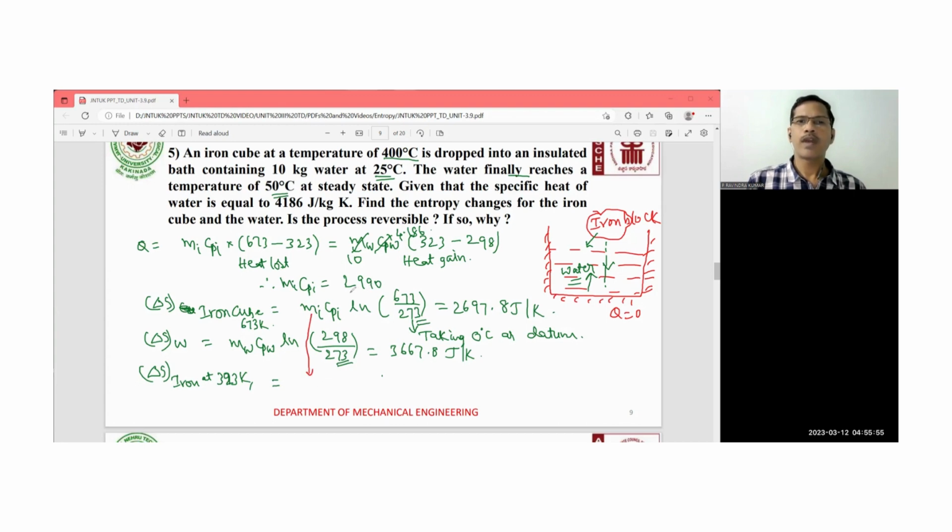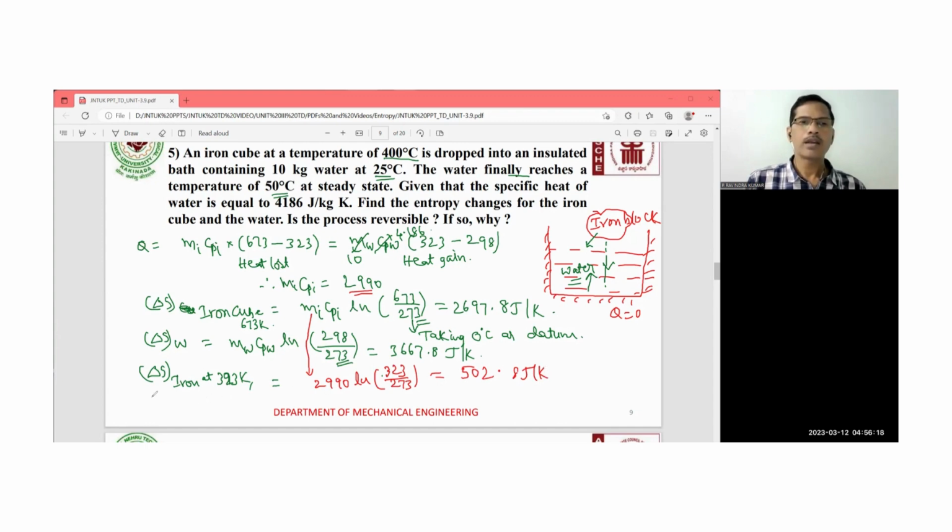So this value is 2990 ln of 323 divided by 273, is equal to, you will get here as 502.8 joule per Kelvin.